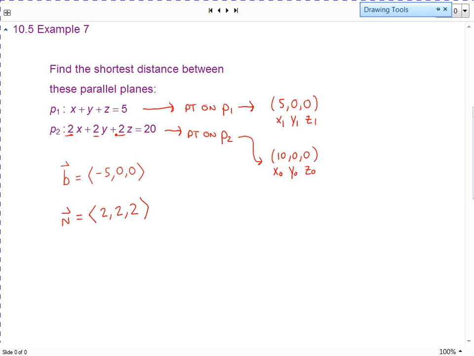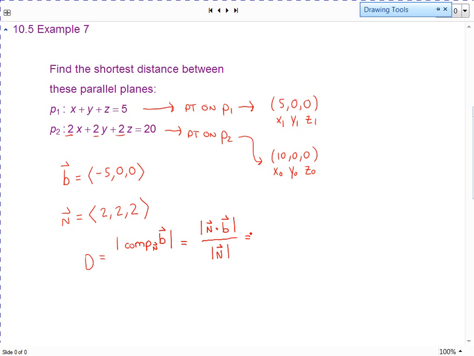So the distance now should be the absolute value of the component of b onto n, which is the absolute value of n dotted with b over the magnitude of n, which is, well, the dot product is a number, right?